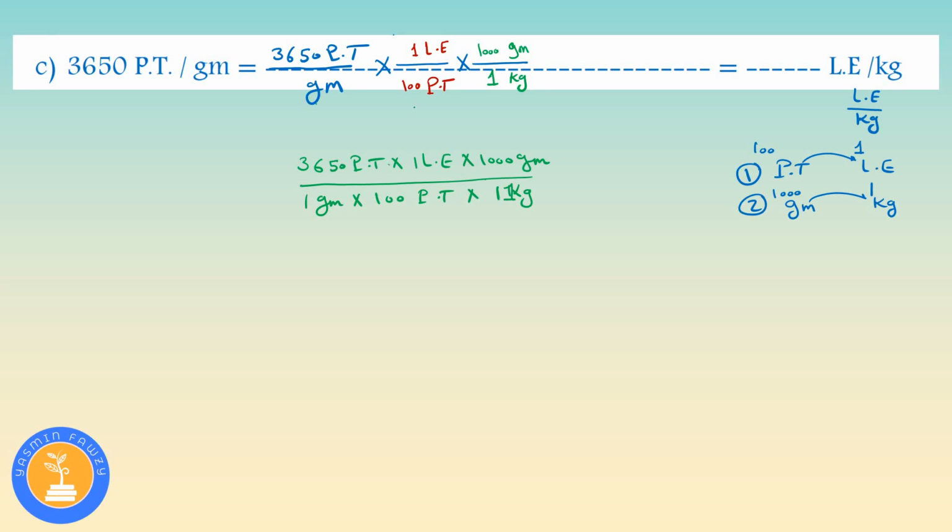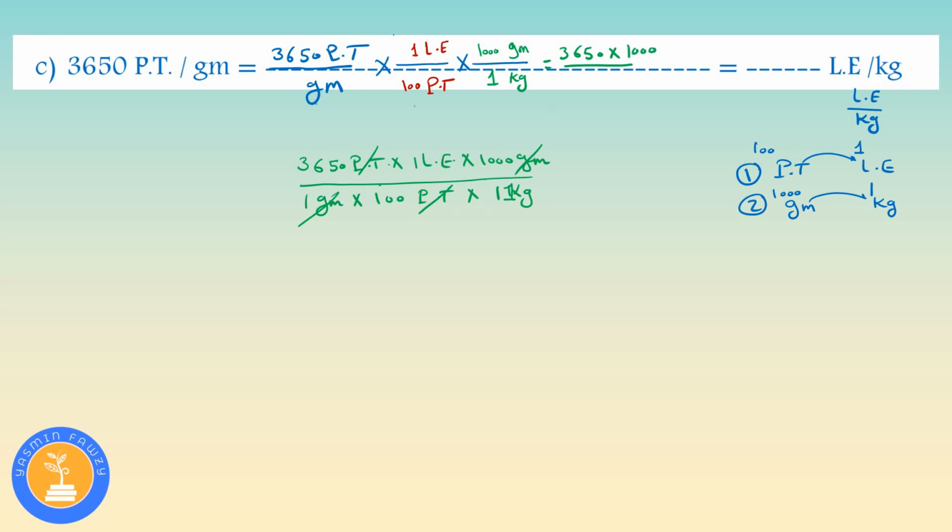I have anything up to cancel down? Let's see here. I have piasters up and down. Yes, I will cancel this piaster up with this piaster down. LE, no, I don't have LE, but I have gram. I can cancel gram up and down. Now, what's left up? I have 3,650 times, let's take all the numbers together, times 1 times 1,000. So I'll put 1,000 up.